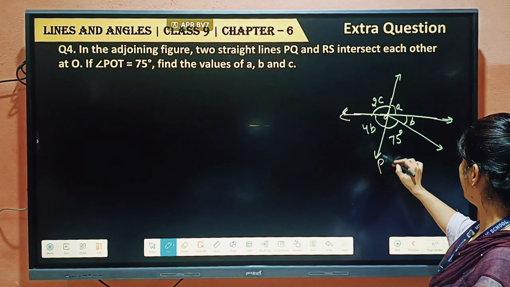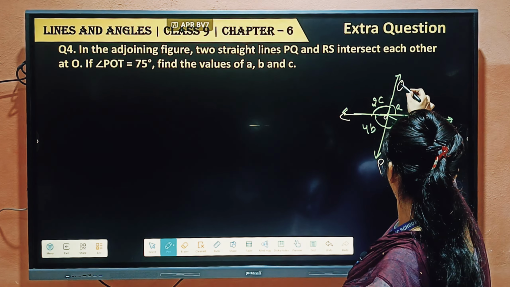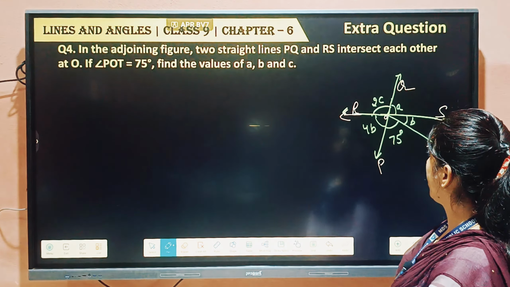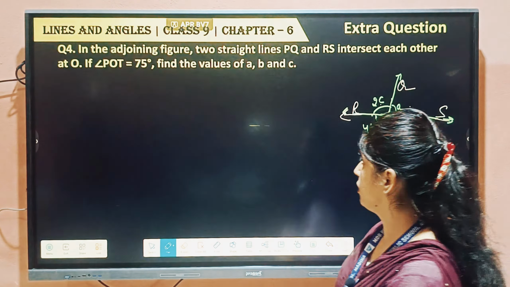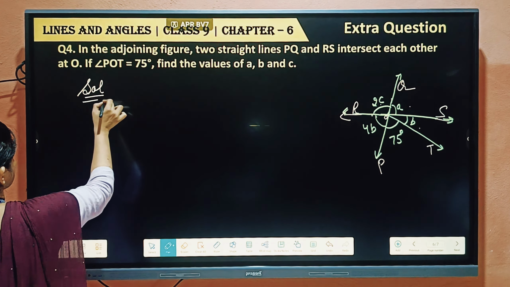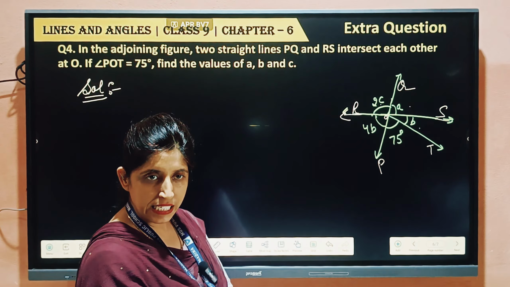POT is 75 degrees, PQ and RS. Now find the value of A, B and C. These values we have to find. So now we will do the solution. ROS is a straight line.